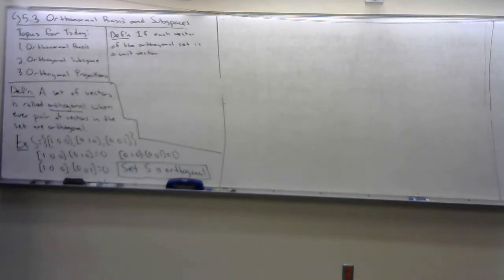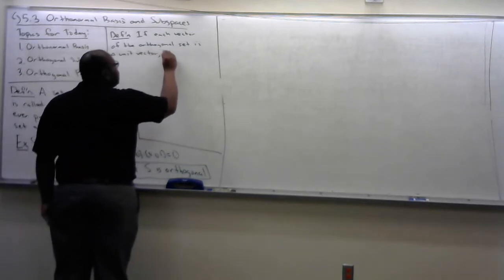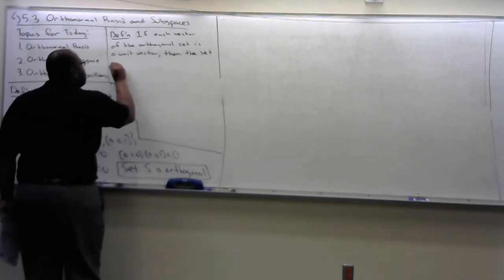Remember, a unit vector is a vector whose magnitude is equal to 1. So if I have an orthogonal set, and each vector in the orthogonal set is a unit vector, then the set is orthonormal.